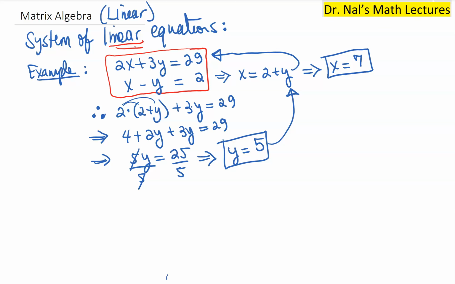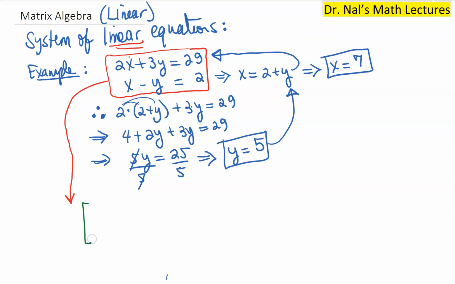So now we would like to introduce a new concept, the concept of matrices, which is the backbone, the building blocks of linear algebra. And the idea is extremely simple. What we will do is separate the coefficients in the system of linear equations from the variables. So let me just go ahead and use a different color.